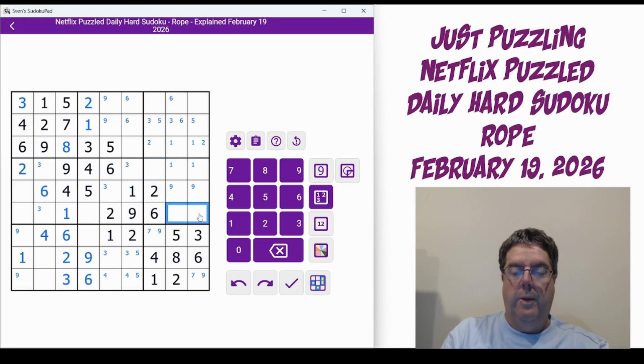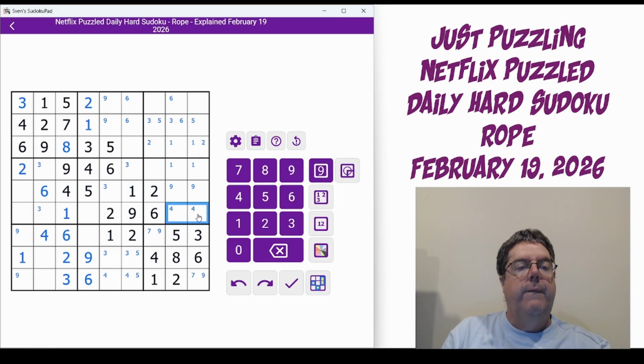So 4 is one of these two. 5 is here, here and here. So 4, what do I know about the 4 up here? Not enough. 6, 7, 8. 8 can't be here, so 8 can be here or here.